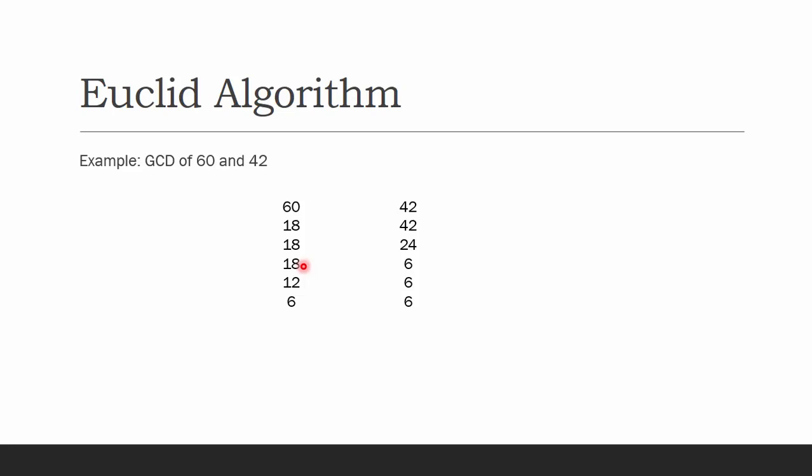We subtract 6 from 18. 18 becomes 12. 6 stays. Then next iteration, we still subtract 6 from 12. 12 becomes 6. The 6 in this row stays as 6. And now the two numbers are the same. So this is the GCD.